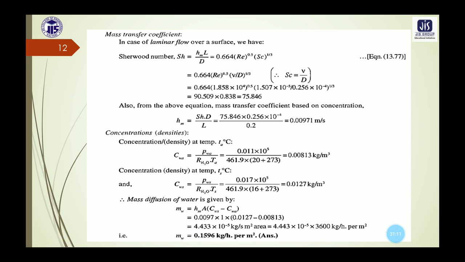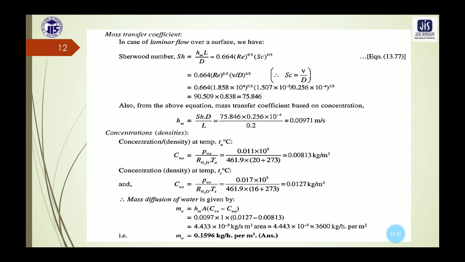So the value of the Sherwood number we are getting ultimately is 75.846. From this value of the Sherwood number we can write the formula Hm into x divided by D. From this formula we can calculate the mass transfer coefficient, which we are getting as 0.00971 meter per second. Now to calculate the concentrations, that is the density, we can use the formula concentration at temperature Ta, Cwa, equals Pwa divided by R into Ta.